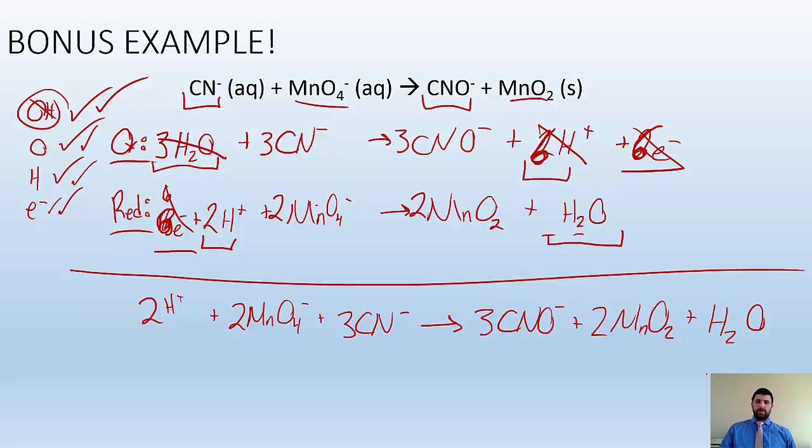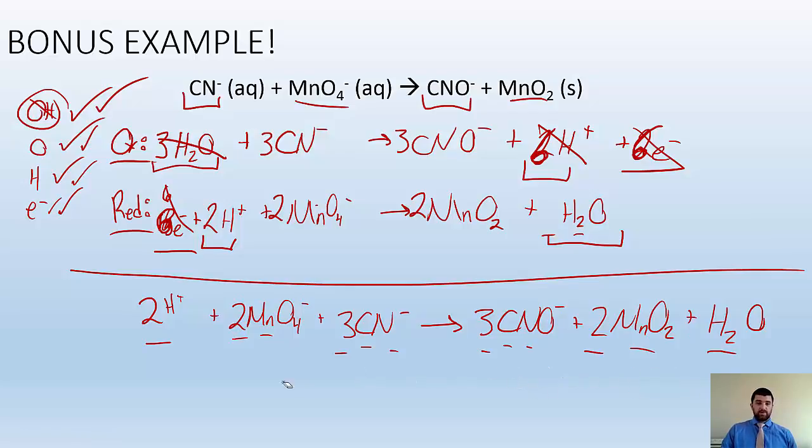And I can check real quick. I've got 2 H's, 2 H's. I've got 2 Mn's, 2 Mn's. I've got 3 C's, 3 C's. I've got 3 N's, 3 N's. And I have 2 times 4, 8 oxygen, and I have 3 times 1, so 3 plus 4 plus 1, so I get 8 oxygen.